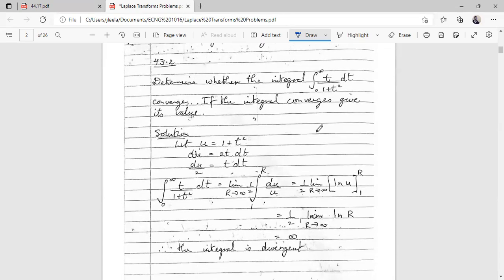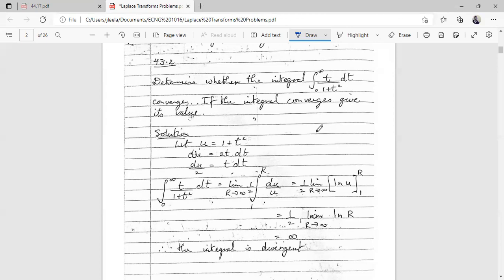So we're looking at another one. Determine whether the integral between infinity and 0, t over 1 plus t squared dt converges. If the integral converges, give its value, right? So again, I'm using a substitution here, taking the denominator 1 plus t squared to be u.